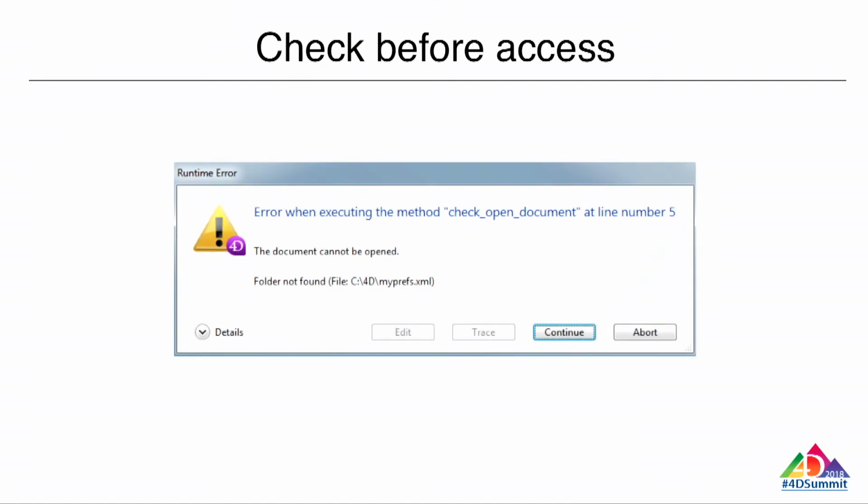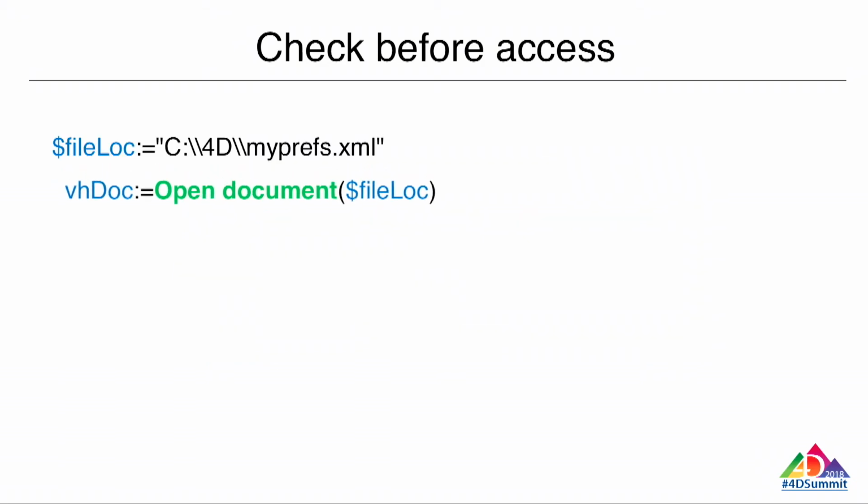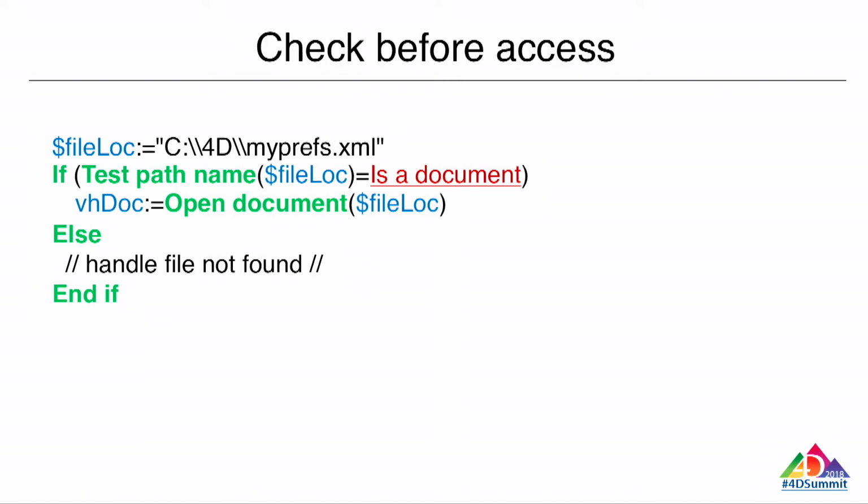Well, you could get an error like this where the document could not be opened. To program defensively with this one, you can use the Test path name command and check if it is a document, and from there you can proceed and do what you need to do with the Open document command.